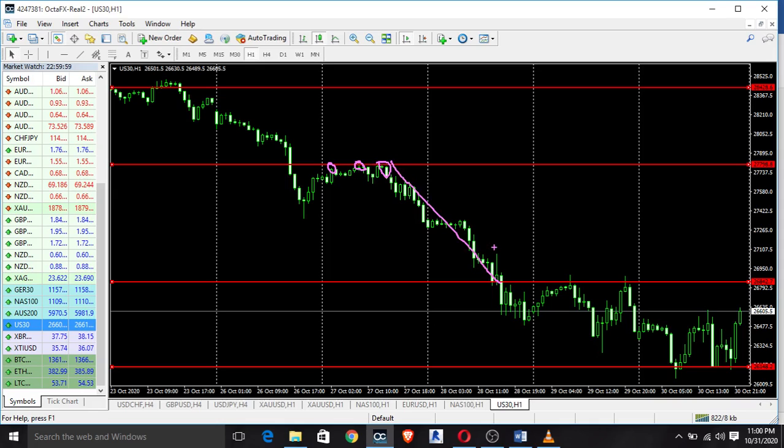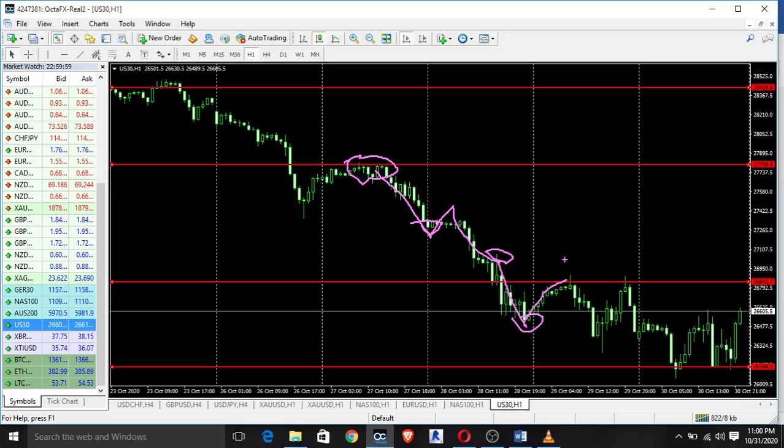Simple. So kullum abin da nake so ka fahimta, idan kuka ga kasuwa tana forming abin da ake kira higher low da lower low, to it's a downtrend. Gashi kun gani, higher low, lower low, higher low, lower low. Kun gani, downtrend. Let's come back here, come down, and it's still go up.